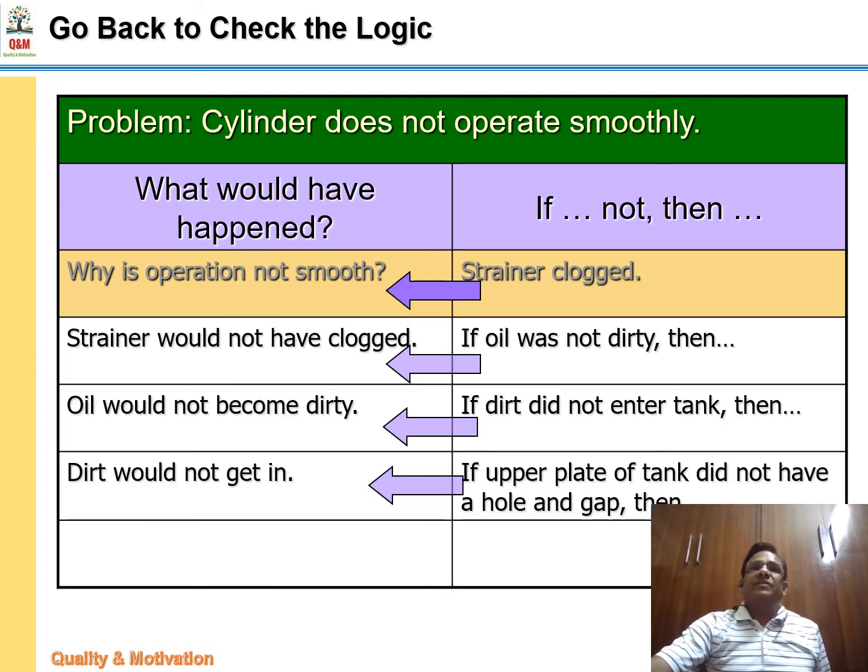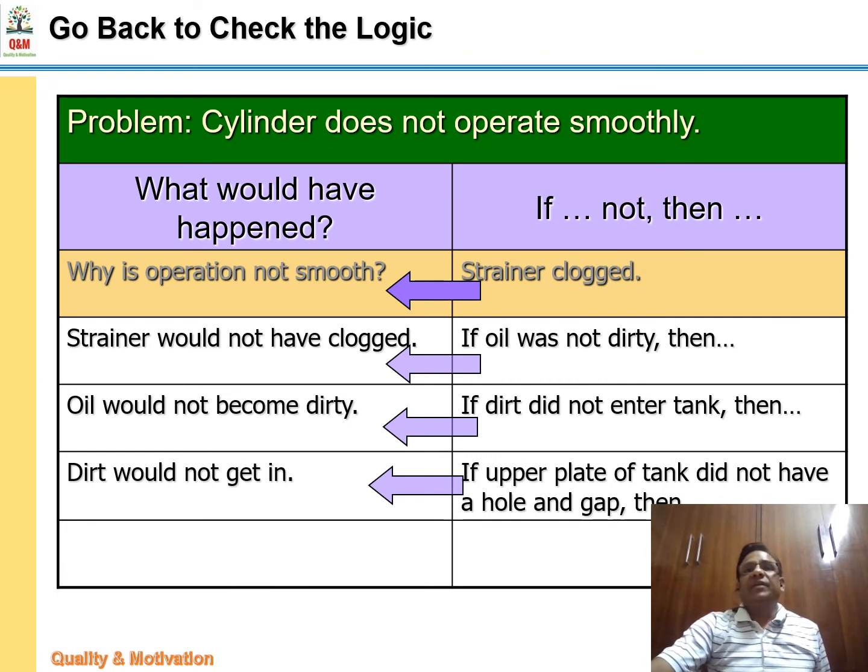Now it is our turn to check the logic of this why-why analysis. For this, we have to go back and check the logic. So first, if the upper plate of the tank did not have any hole or gap, would dirt get into the tank? The answer is no. If dirt did not get into the tank, would the oil become dirty?